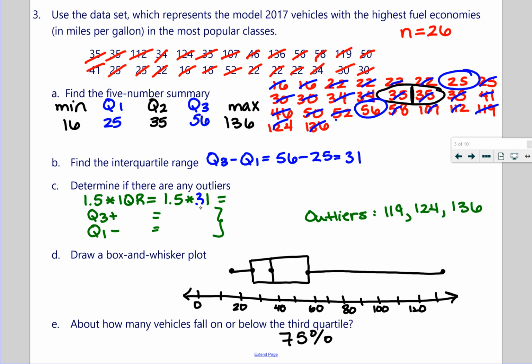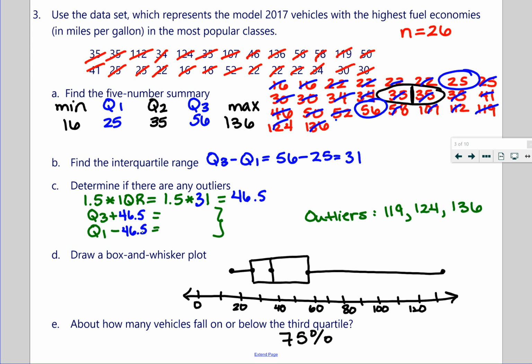All right, so 1.5 times 31 gives me 46.5. All right, and we add that number to our third quartile, and we subtract it from our first quartile.